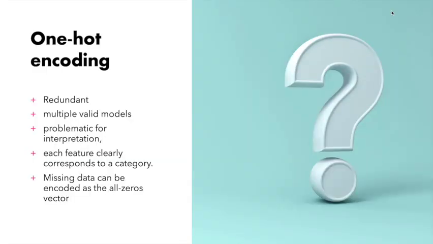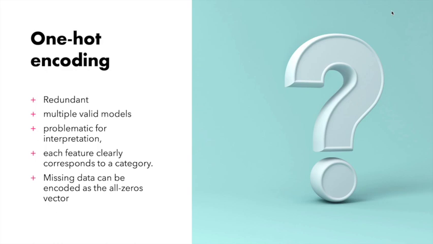Okay, so let's start with one hot encoding. One hot encoding is redundant, which allows for multiple valid models for the same problem, and this non-uniqueness is sometimes problematic for interpretation. But the advantage, on the other hand, is that each feature clearly corresponds to a category.